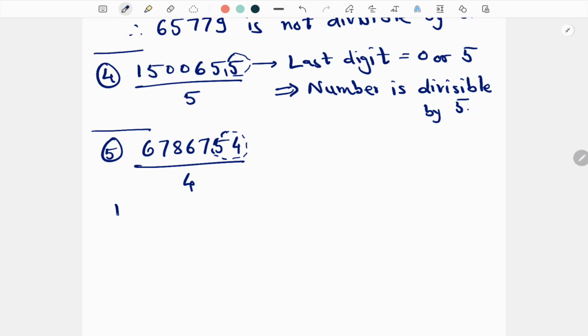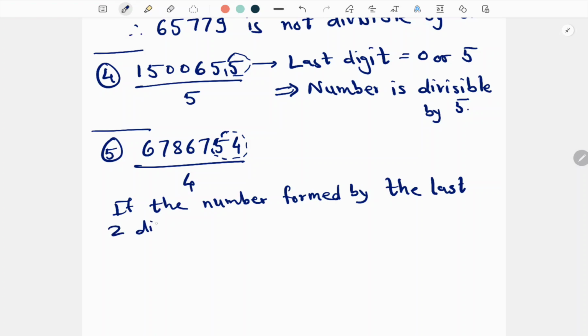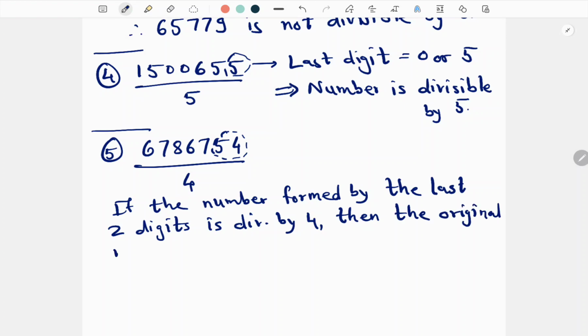And the rule says that if the number found by the last 2 digits is divisible by 4, then the original number is also divisible by 4. So that's the rule, and let's see why this thing works.